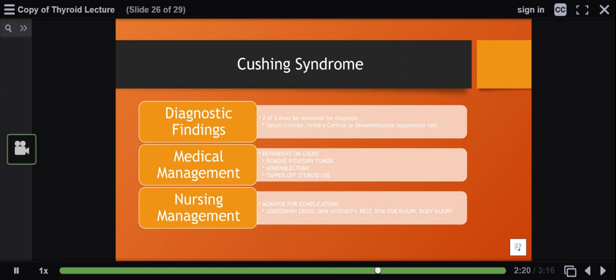Since clients with Cushing syndrome are at such a high risk for muscle wasting and osteoporosis, we want to encourage foods that are high in protein, calcium, and vitamin D. We also want to be very mindful of these clients' skin integrity and frequently assess bony prominences and encourage the client to change positions frequently.